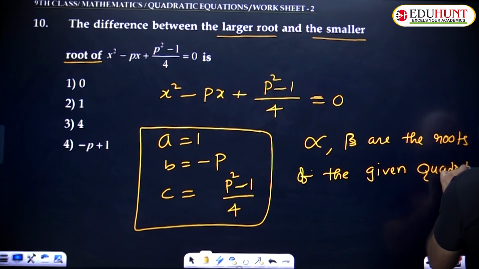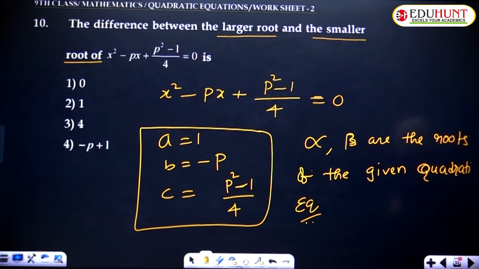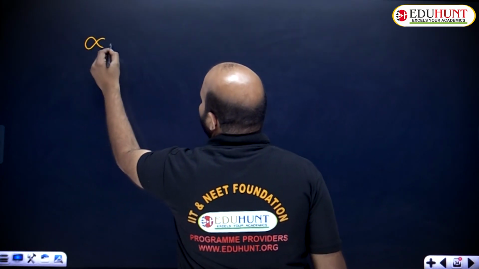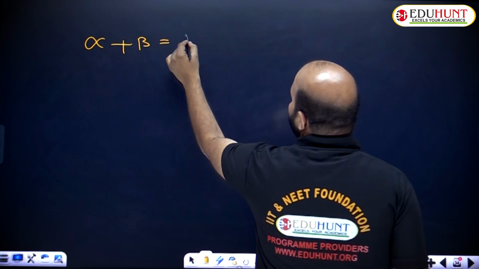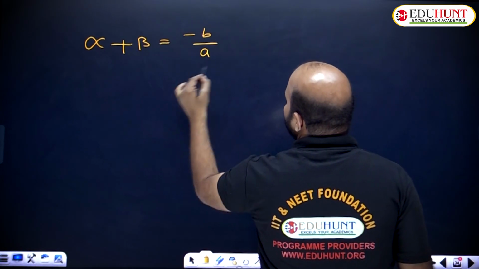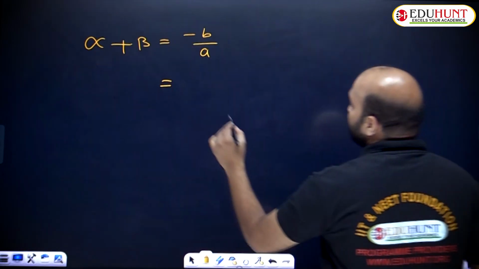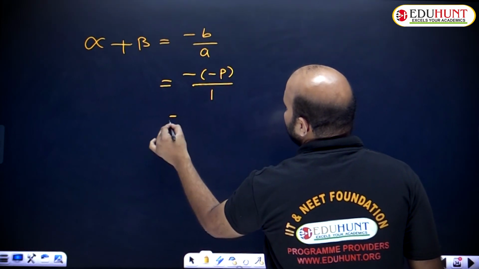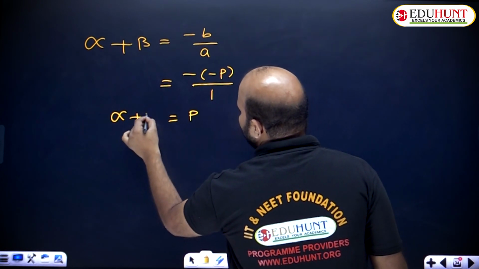First we need to find the sum of the roots, alpha plus beta, which equals, by the formula, −b/a. What is −b here? The b value is −p, so −(−p)/1, which is p. So alpha plus beta is p.